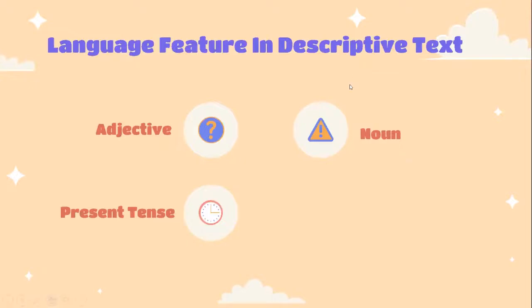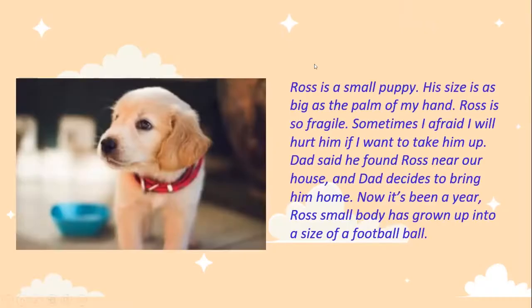The next language feature we can find in descriptive text is noun. Can you point out what noun is described by the adjective in this text? Puppy, sir. Yes, Alice. The noun that is described by using the adjective is puppy, as shown here: Rosie is a small puppy.